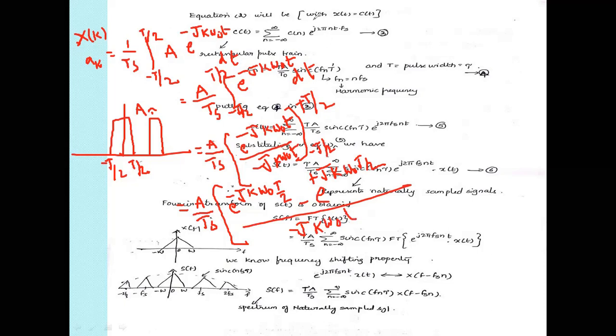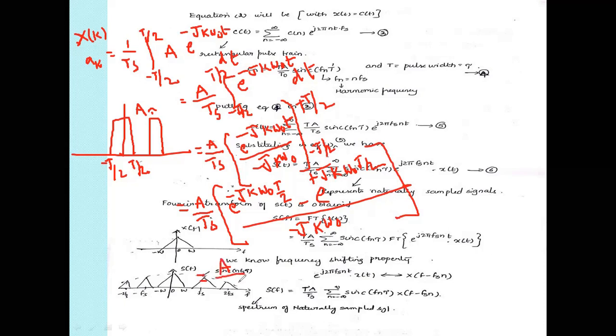There are many t's here, my dear students; we are integrating with respect to t only. Divided by j k omega naught simply. Now the minus and the minus, swap these two.